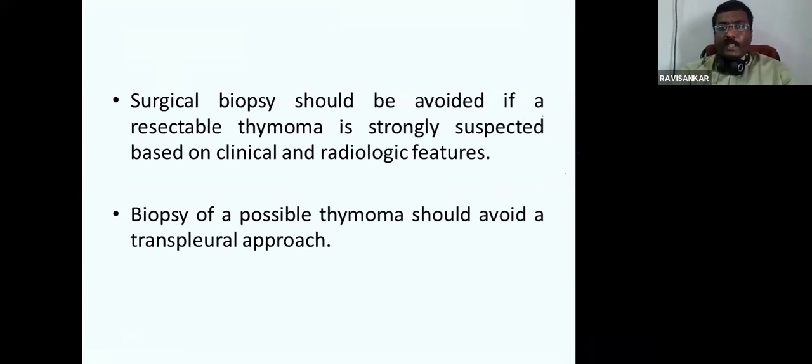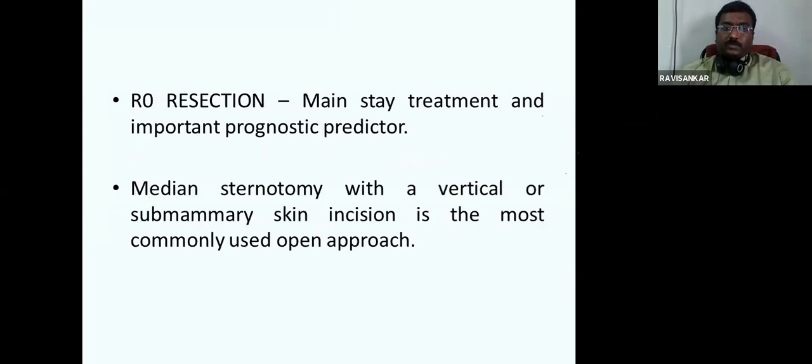CT is the ideal imaging modality. You don't need PET CT unless you have suspicious findings for extra-mediastinal disease. On CT, a well-lobulated mass is a very good finding. Based on the clinical and radiological features, you can go ahead for the resection. So the main aim is to achieve R0 resection.